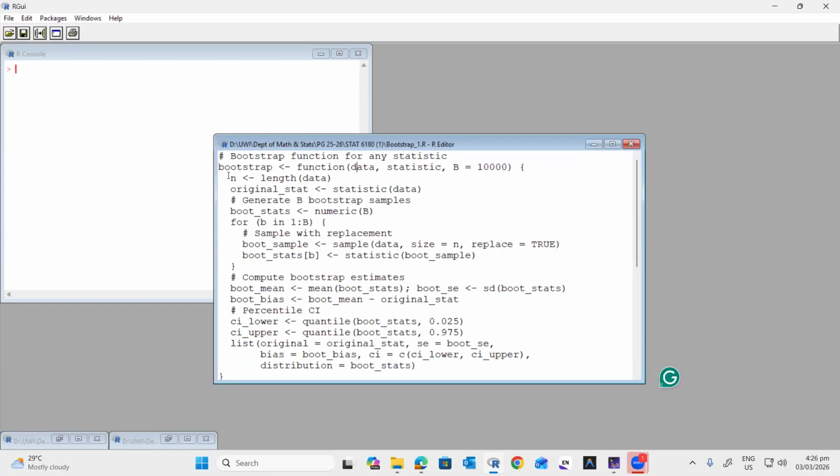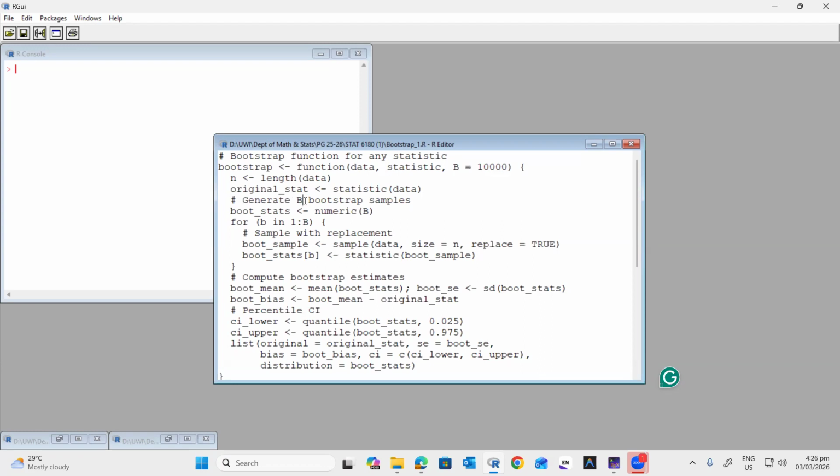In that function, I denote n, the length of the data that I am going to take, and the original statistic. In the original statistic, I am going to find the statistic of the data, either mean, median, mode, whatever I want to calculate. After that, I will generate the B bootstrap samples.